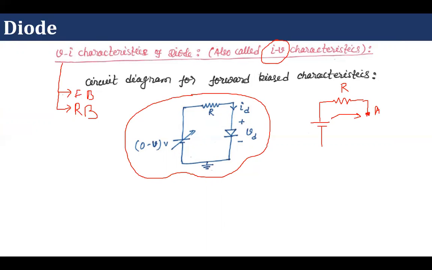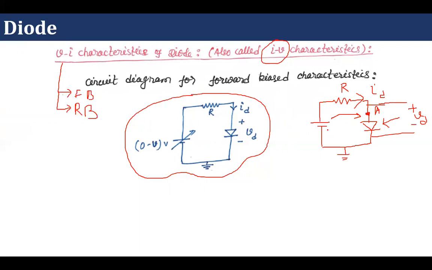See, the anode is at higher potential. If you are applying the voltage in this manner, then it is known as forward biasing of this diode. And since we are going to find out the characteristic, we are going to measure the voltage across the device and current through the device. So two parameters we are going to take from this, I_D and V_D, and this is the reference.